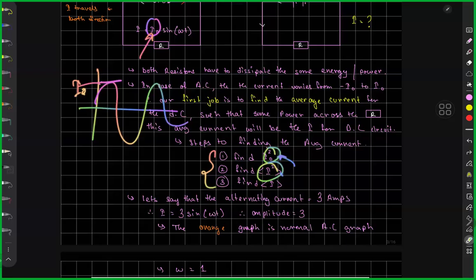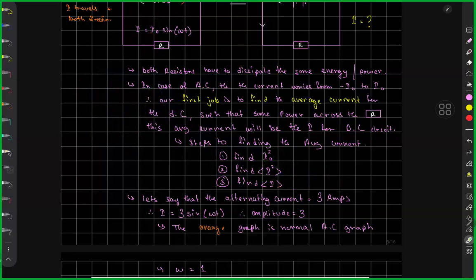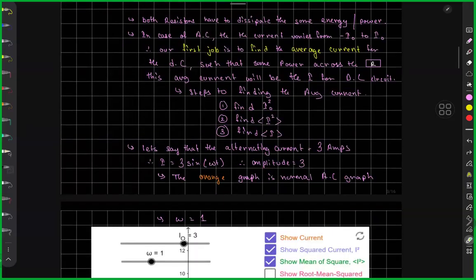And then I'll take a root of that mean square value, and I get the mean current value. So what did we say? We wanted to find out the average current. And this is ultimately what you get, the average current. In this entire process, there's a bit of math involved, and I'll show it to you. No worries.